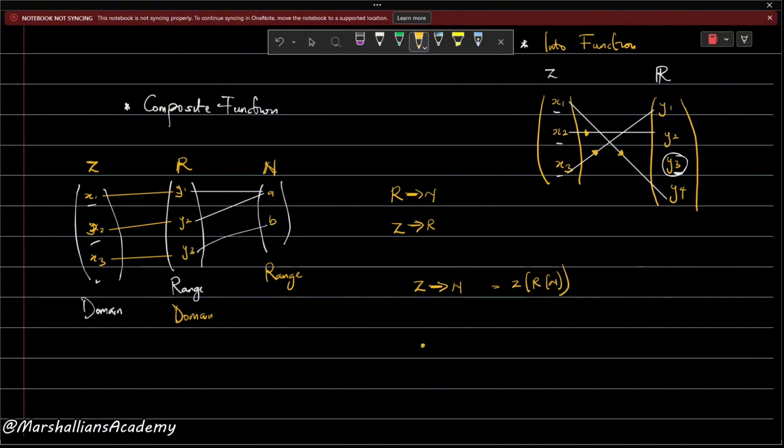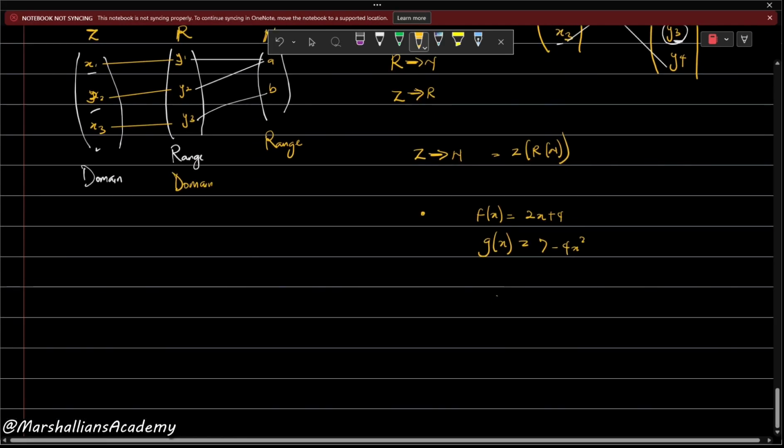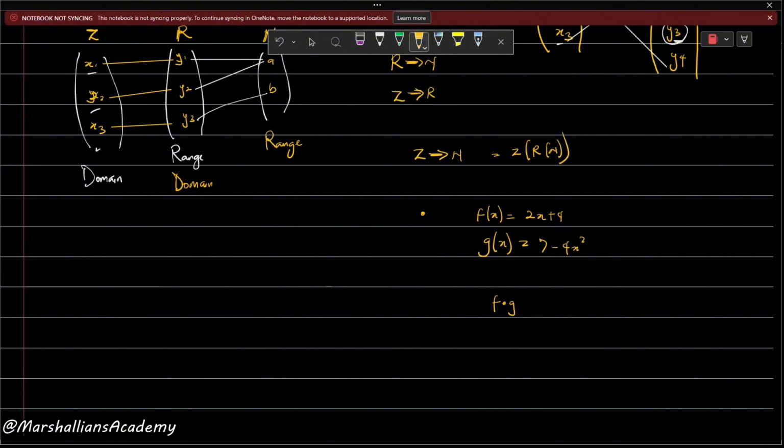And sometimes we represent composite function with this. Imagine I have two functions. Let's be mathematical with this now. Imagine I have a function f of x to be, let's say, 2x plus 4. And I have a different function g of x to be, let's say, 7 minus 4x squared. You can be told to find the composite function f of g. And what does f of g mean?